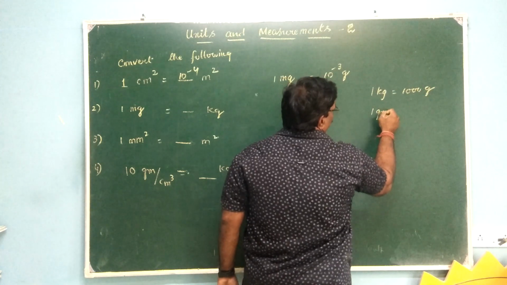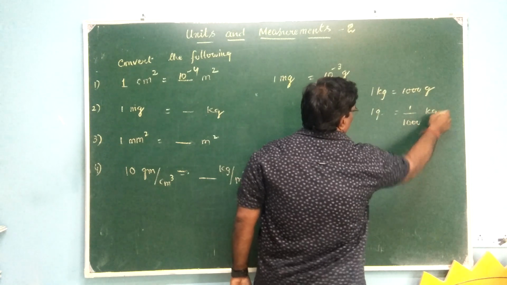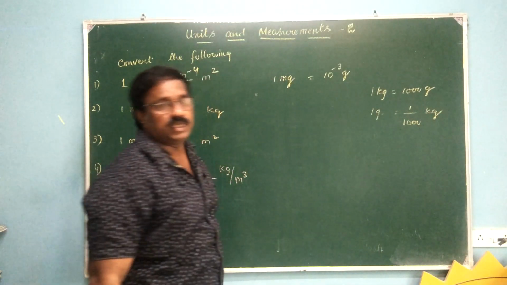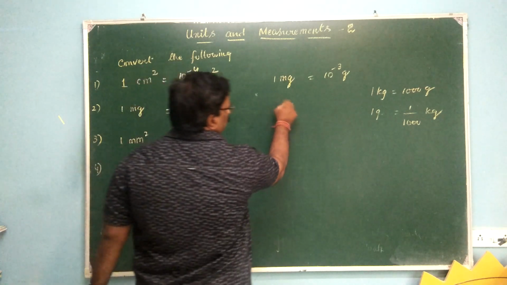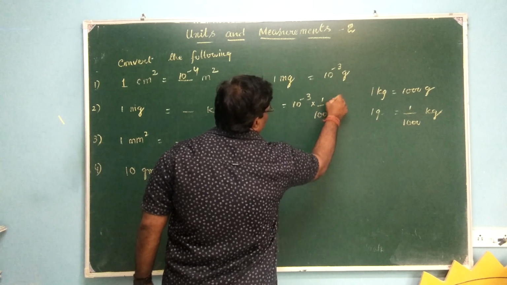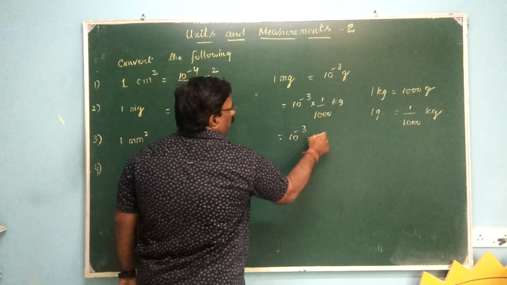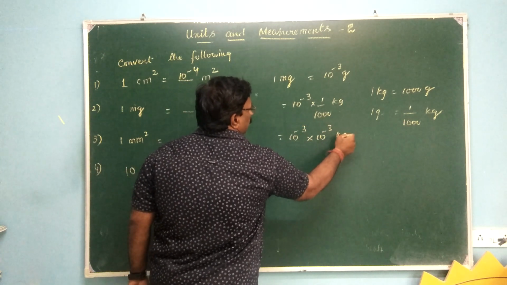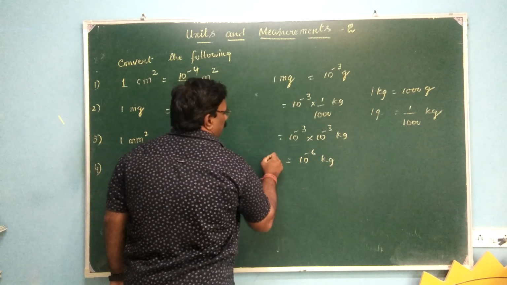So 1 gram equals 1 by 1000 kg. In the place of gram I can write 1 by 1000 kg. So this becomes 10 power minus 3 into 1 by 1000 kg. 1 by 1000 is also 10 power minus 3. So 10 power minus 3 into 10 power minus 3 kg becomes 10 power minus 6 kg.